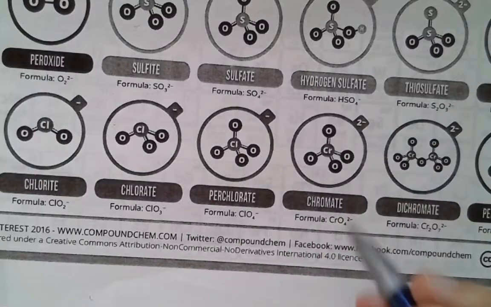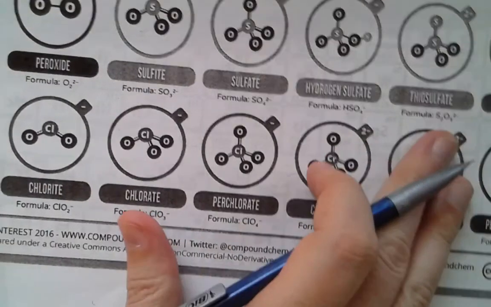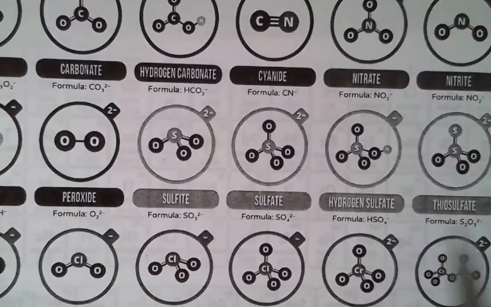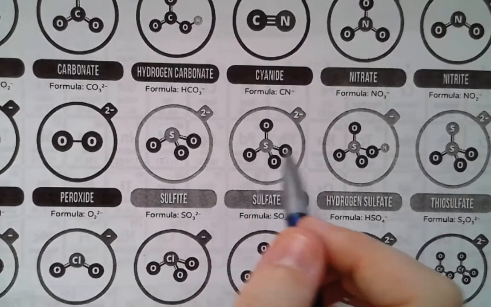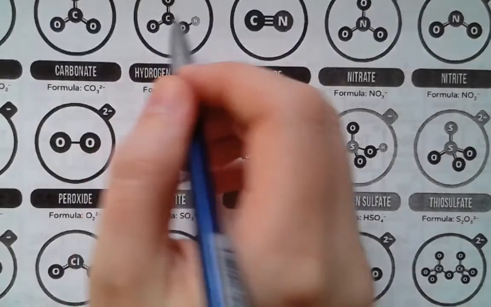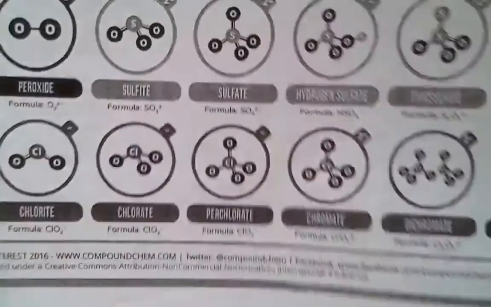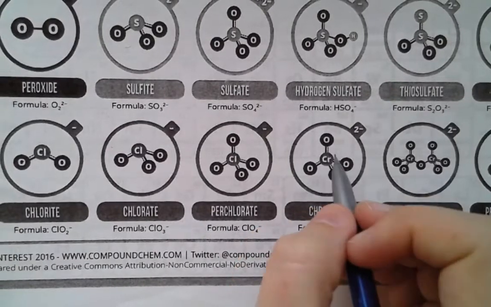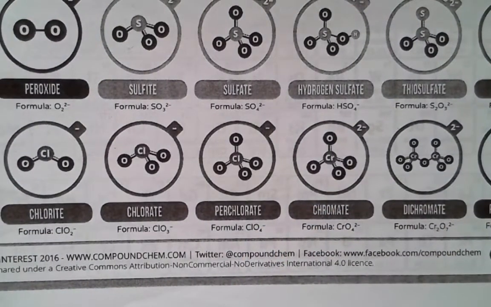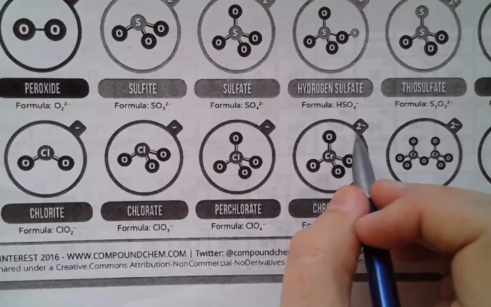You may have noticed at some point that most of your polyatomics are something surrounded by oxygen. You can have a metal, kind of as the diva in the middle, surrounded by oxygen. The oxygens hold extra negatives. Don't worry if that's a lot, it's totally fine.